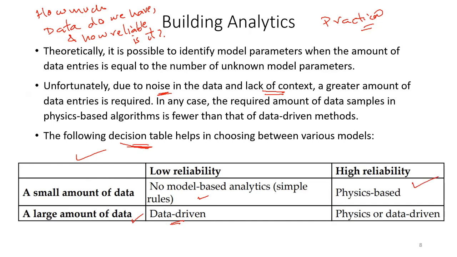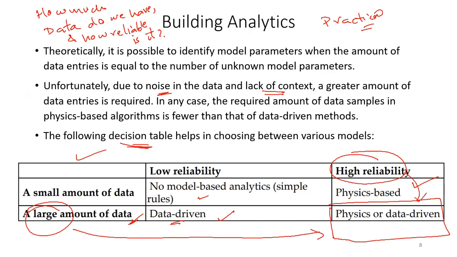If you have a large amount of data but it is noisy or inconsistent, you can still go for data-driven approaches like machine learning. And ideally, if the data is both large as well as highly reliable, then both of these can be used.